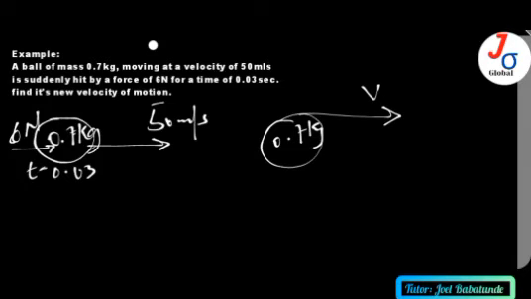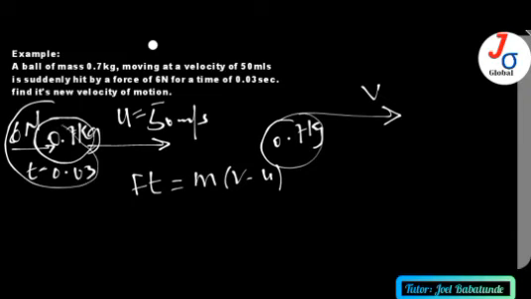So this is going to be u, and this is v. Remember that impulse is equal to change in momentum, that's Ft equals m(v minus u). We've talked about that before, and force times time is actually impulse. So you have 6 multiplied by 0.03 equals 0.7 times (v minus 50).